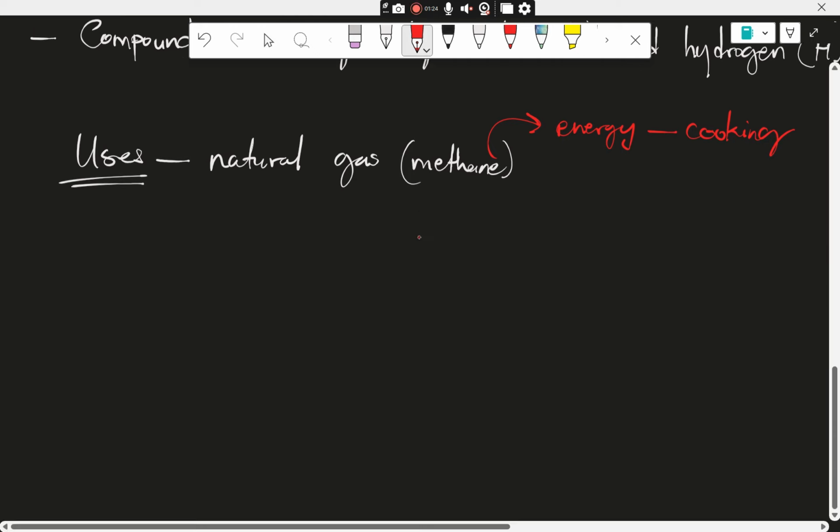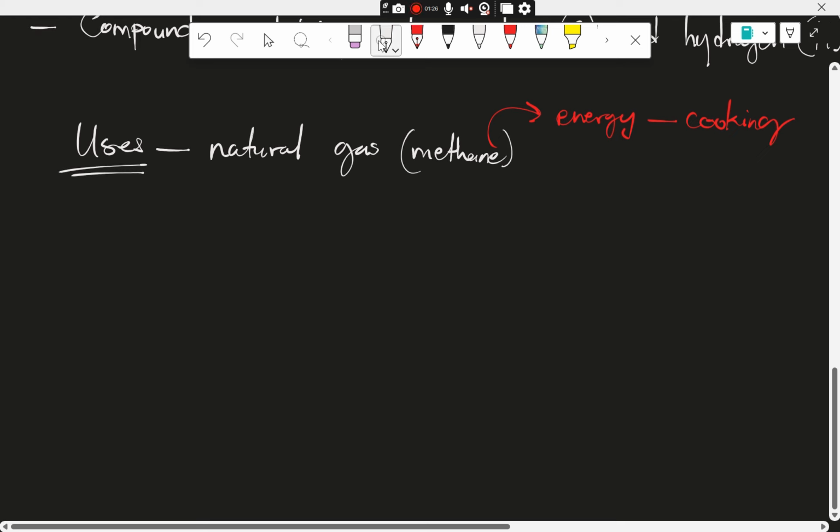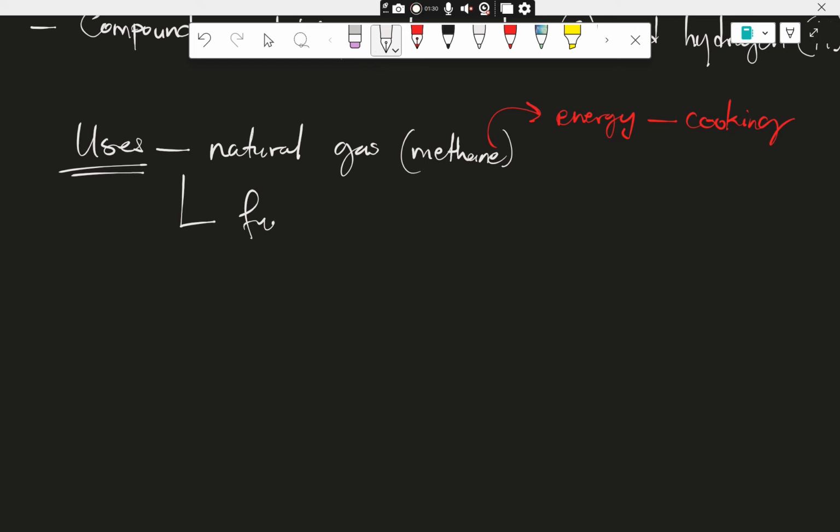Also, I have fuels or natural fuels. Some people will argue that this falls under natural gas, right? So this is where we have our petrol, diesel, gasoline. I'm not really sure about the difference between gasoline, diesel and petrol, so let's just put the three of them there.